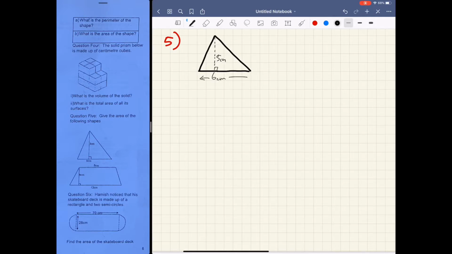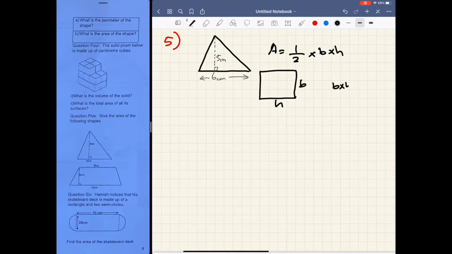across in length. So the area of a triangle equals half times base times height, right? Because it's essentially the same as the area of a rectangle or a square, halving the area of a square. So the formula for an area of a square or a rectangle is base times height, right?